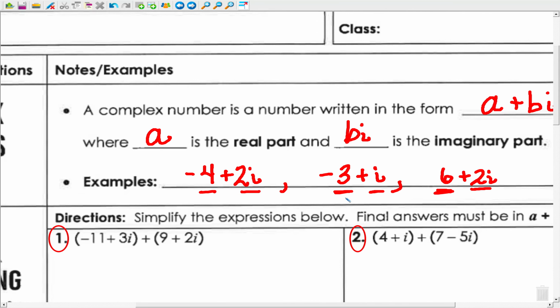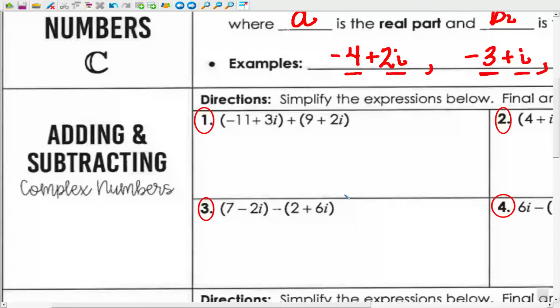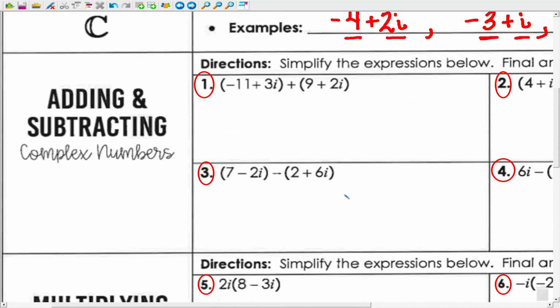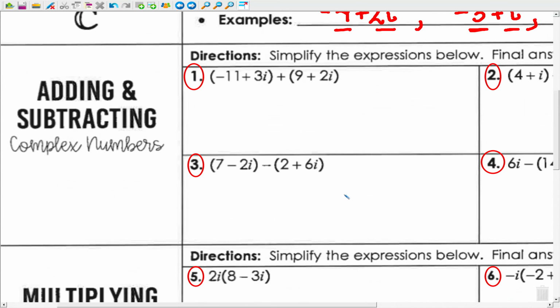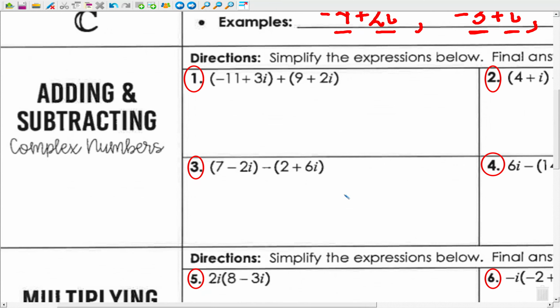All right, so to simplify expressions when you add and subtract with complex numbers, all you have to do is combine like terms.